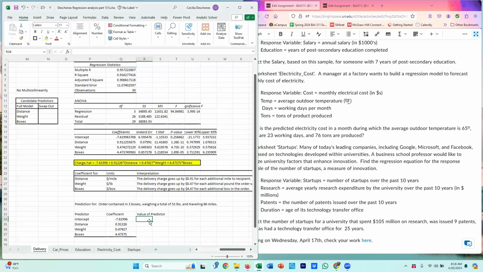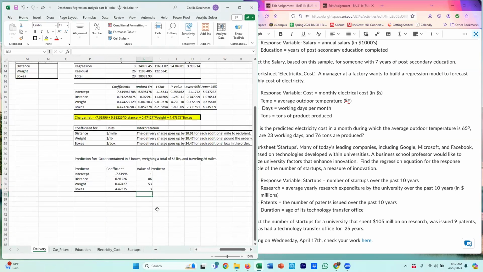And the value of the predictor, let's see, the intercept we're always going to include. And the distance is 86 miles. So, sometimes it's not all in order. You have to read the information given. The weight is going to be 53 pounds, and the number of boxes are 3 boxes in this order. All right. So this is great if you're like managing a warehouse and you're putting together like your average costs.